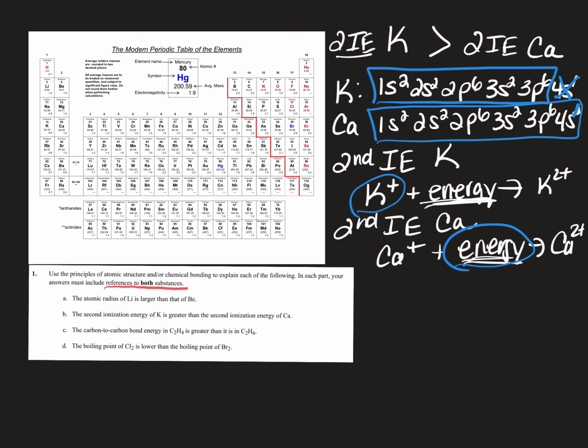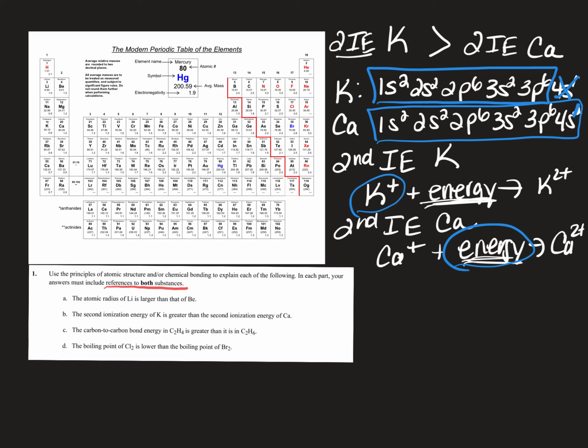Okay, and the key said for this one that it was also a 2-point question. 1 point is earned for saying that the electrons are removed from an inner level in potassium, but 1 level higher, the fourth energy level in calcium. And 1 point is earned for saying that the distance to the nucleus is less for the third level, so attraction is greater, more energy is needed to remove an electron.